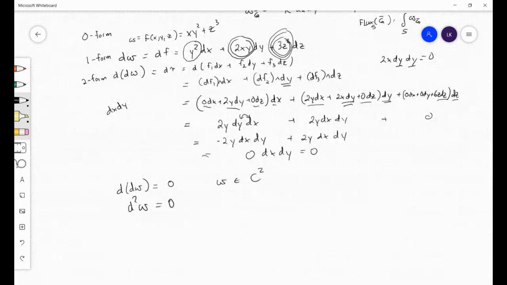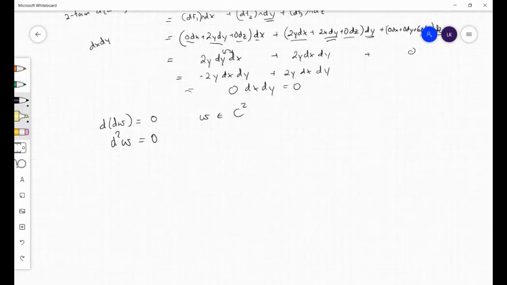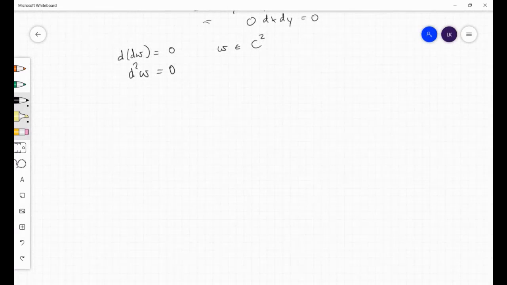Okay, and so we're running out of time, but that property, for example, can be used to prove that the curl of the gradient is 0. So if you recall, the curl of the gradient of some real valued function is the 0 vector, as long as f is C2.